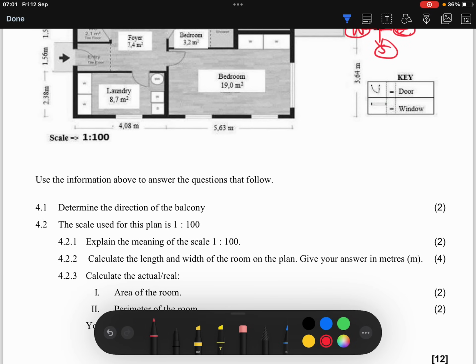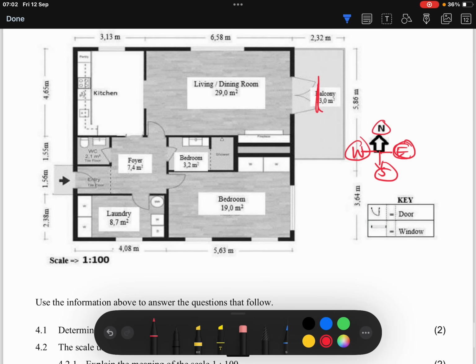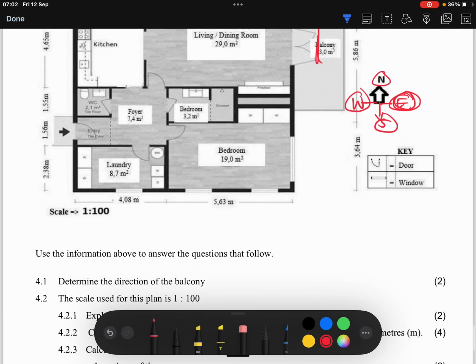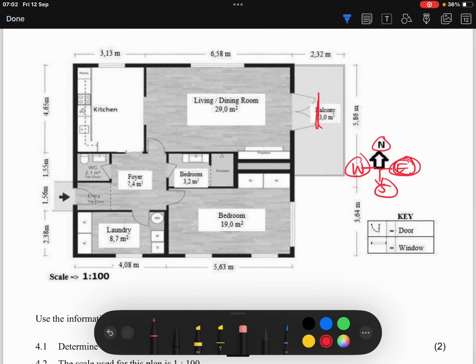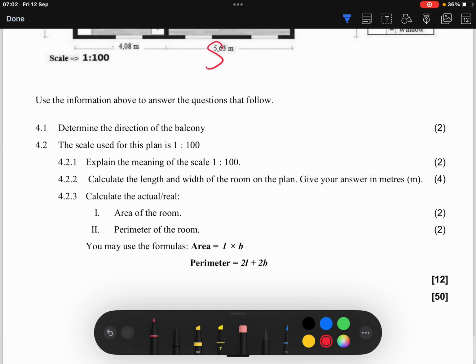Now where's the direction of the balcony? The balcony, guys, is on the easterly side. You see, this is the west, the south, no, north, south. So it's in the easterly direction. I hope that makes sense. It's in the east, right?